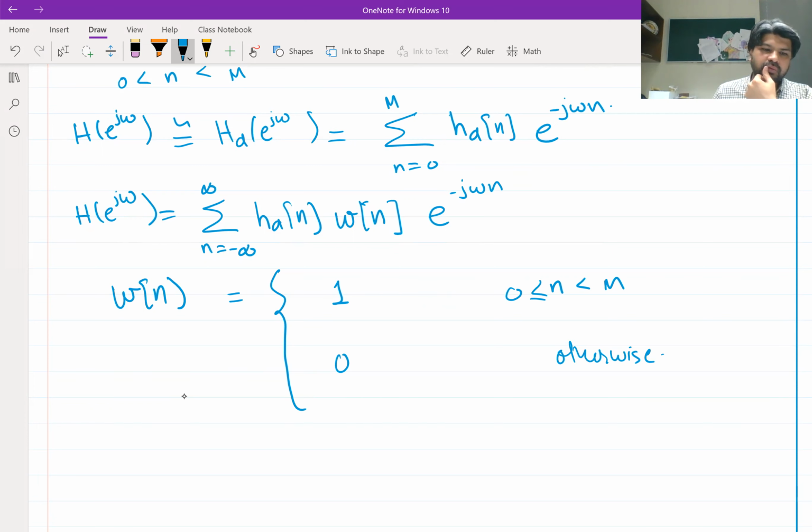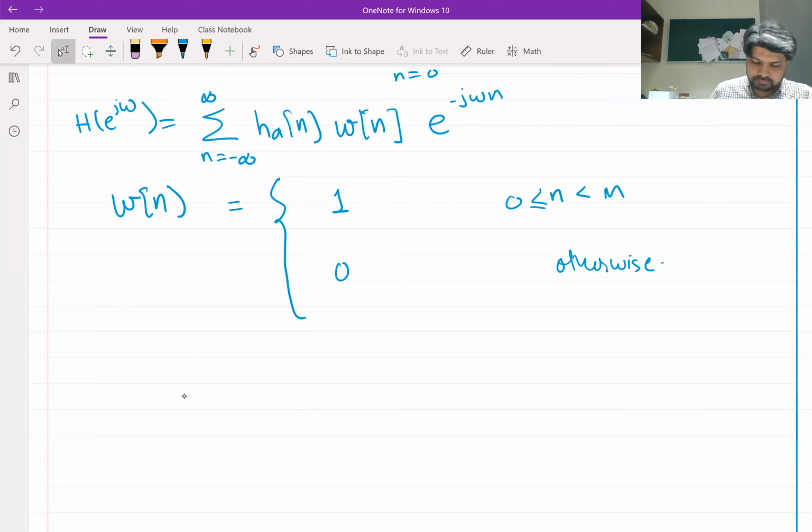We know the problem of this abrupt truncation through a famous phenomenon, which is called the Gibbs phenomenon. So we know the problems of a rectangular window.